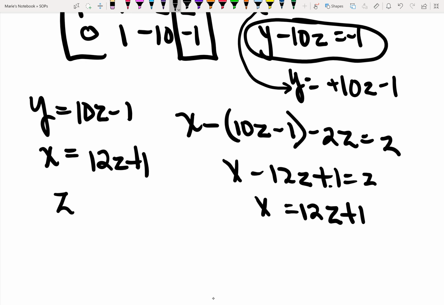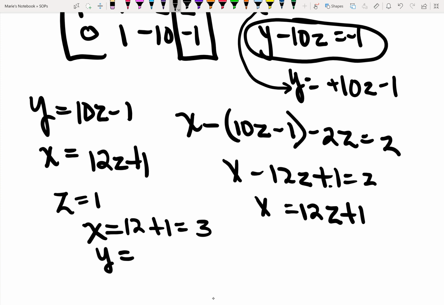If I were to substitute in, say, negative 1 or positive 1, so let's say z equaled 1, then I could say that, for example, x equals 12 plus 1, which is 13. And I could do the same thing for y, where y equals 10 times 1 minus 1, which is 9.